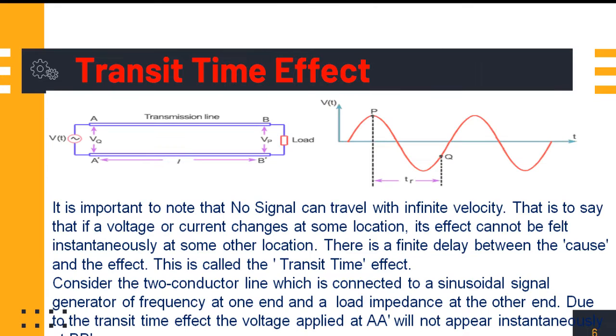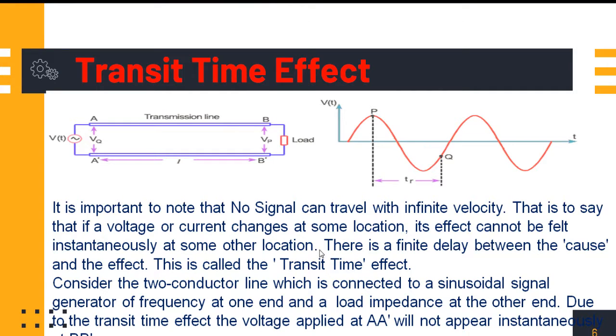Now, here we will see the concept of the transit time effect. Figure A shows the transmission line, and figure B shows the transit time effect with the sinusoidal wave. It is important to note that no signal can travel with infinite velocity.